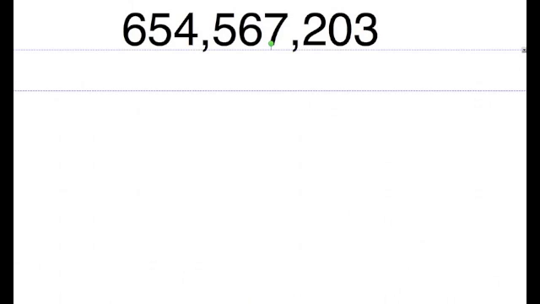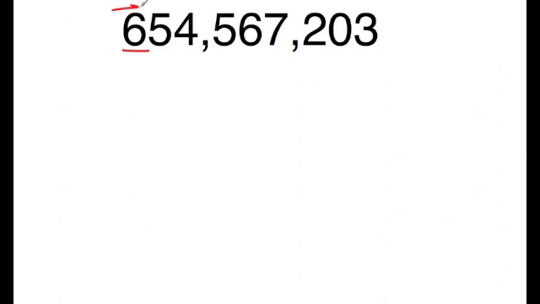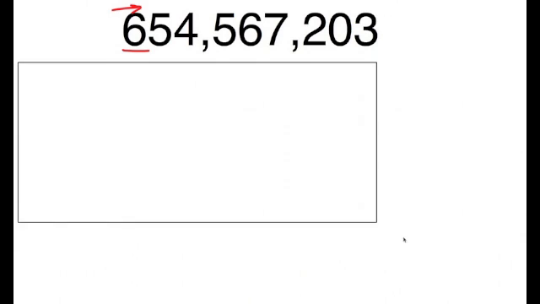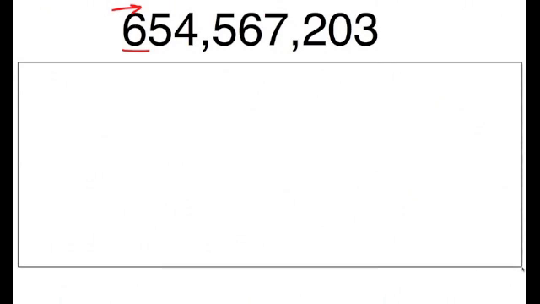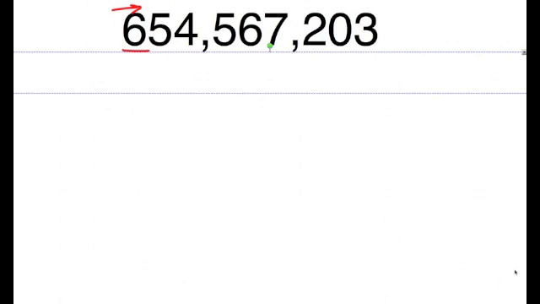Okay. When I'm doing expanded form, what I like to do is just take a look at the first digit. Okay, the first digit, or the largest digit. I shouldn't say the first, reading from left to right. Okay, so I'm going to look at the largest digit, and it's a 6. So I'll go ahead and write my 6.